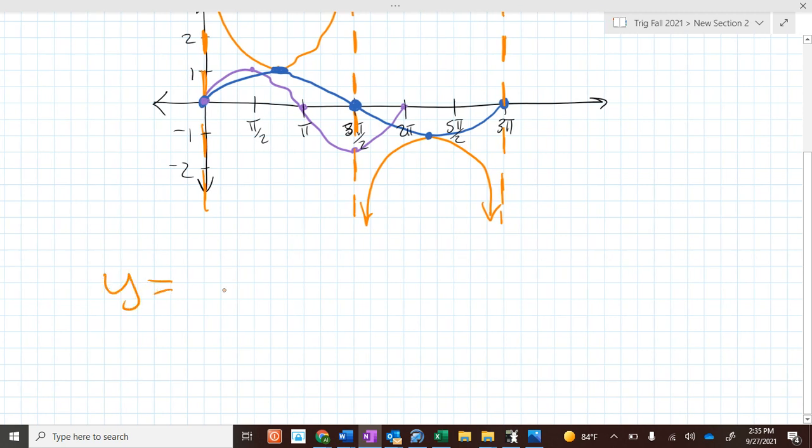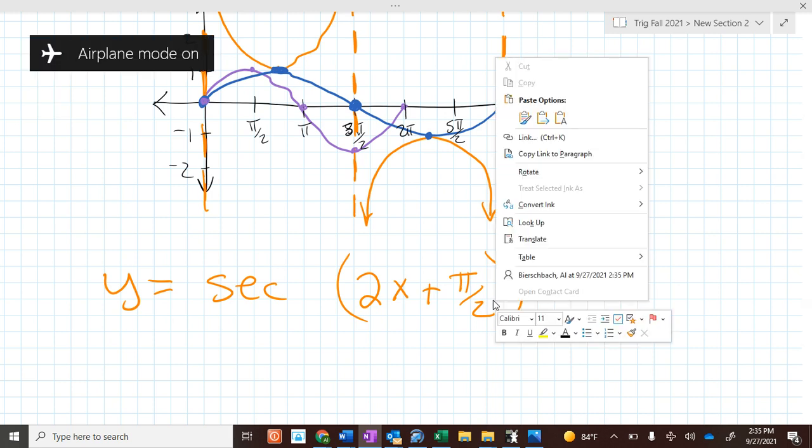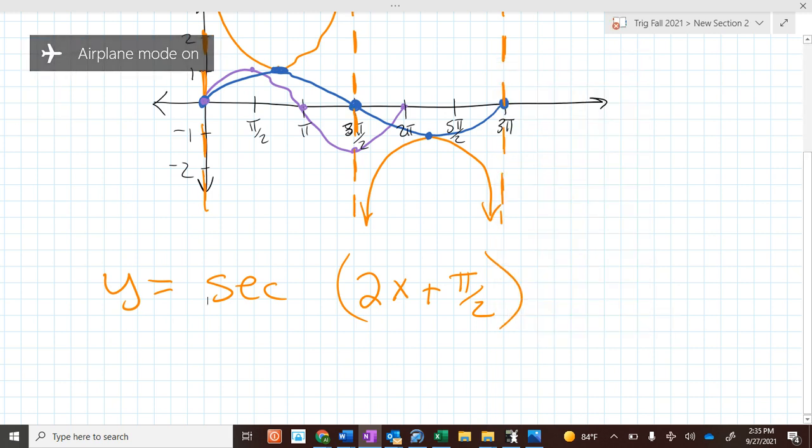Y equals the secant of 2x plus pi over 2 in parentheses. Okay. Last one we're doing today.